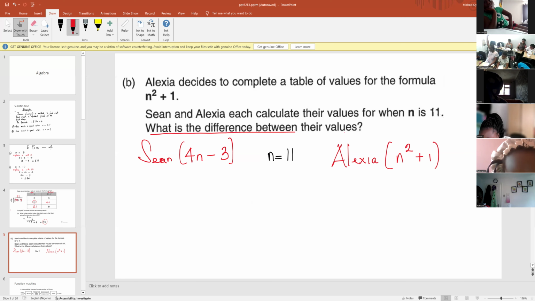What is the difference between their values? So you tell us what the value of Alexia's formula is. Naraya F, you tell us the value of Sean's answer. Then Zoe, you tell us the difference.